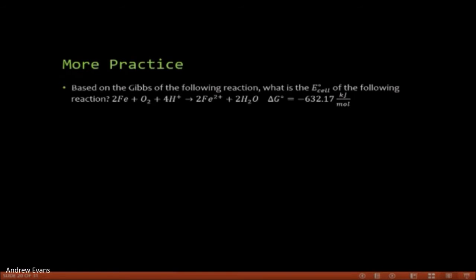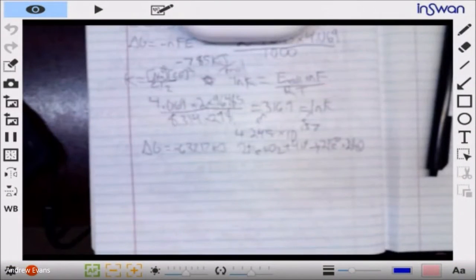Writing this down, and 2 waters. Okay. Now going to the cam. So you should be able to go from delta G back to E and from E to delta G with relatively little problem.